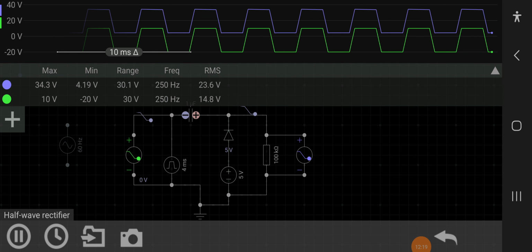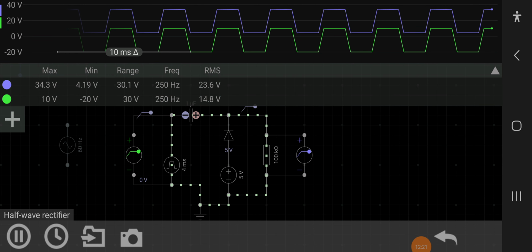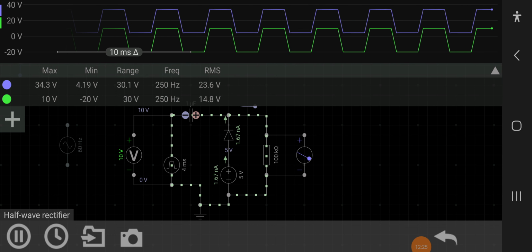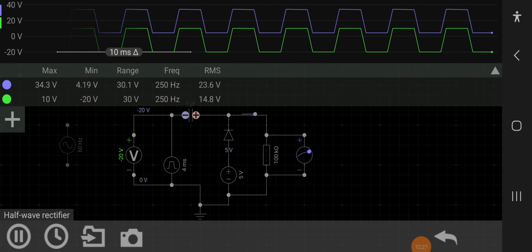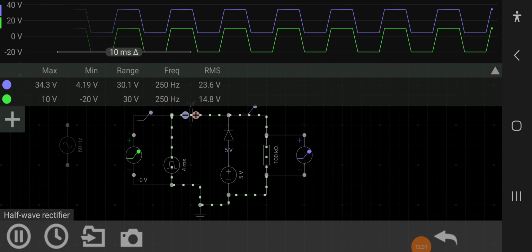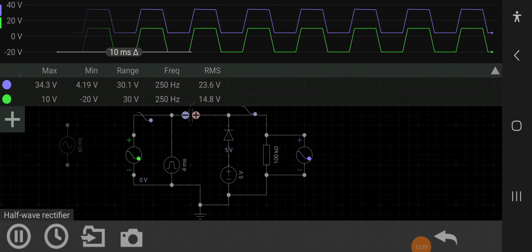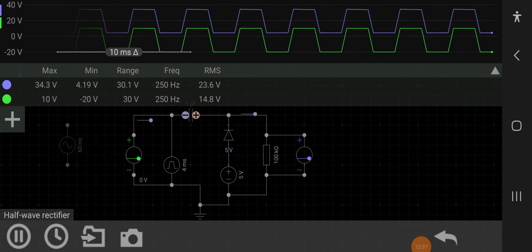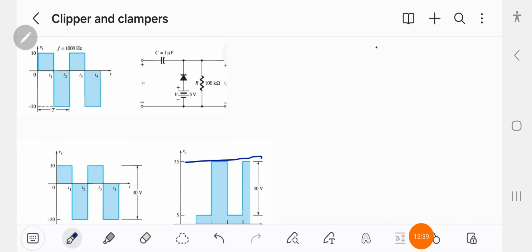We discussed in our lecture the ideal case, and here is the realistic case. So this is the waveform. This is the end of our lecture. Thank you for watching.